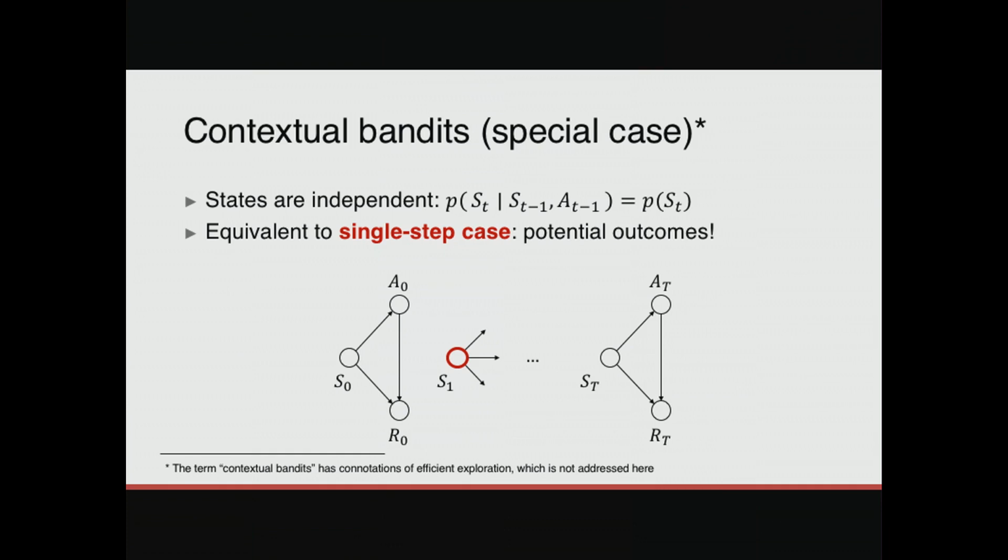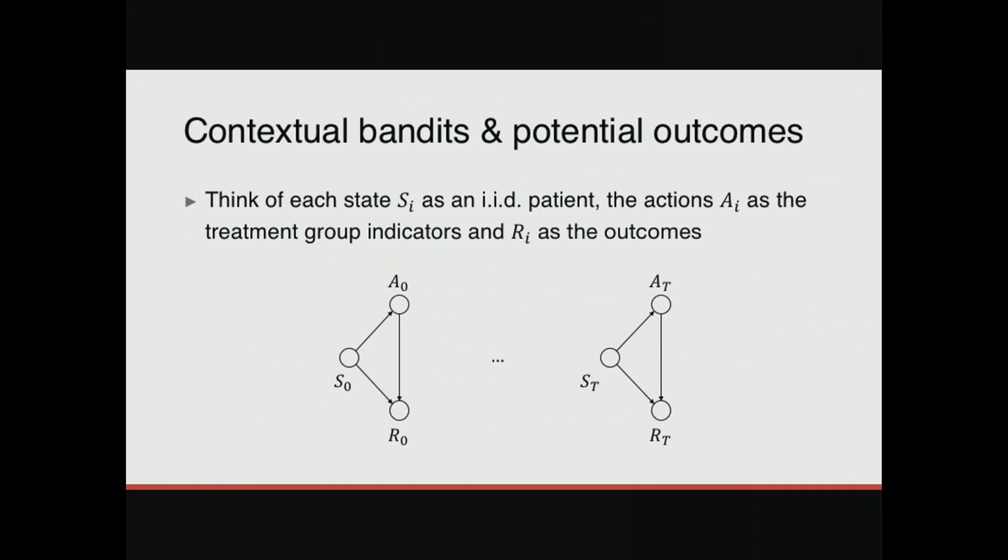If we assume that this S here represents the state of a patient, and all patients are drawn from some process, so that S_0, S_1, etc., up to S_T are all IID draws of the same distribution, then we have essentially a model for T different patients with a single time step or single action instead of them being dependent in some way.